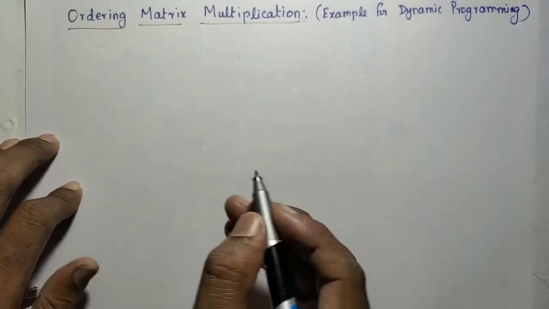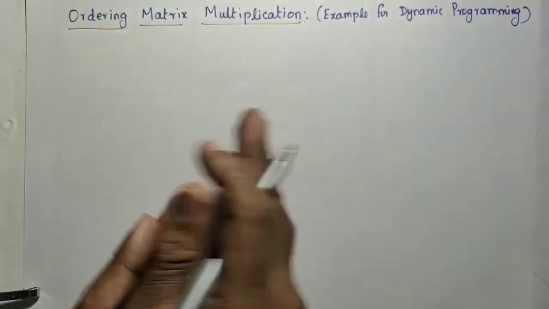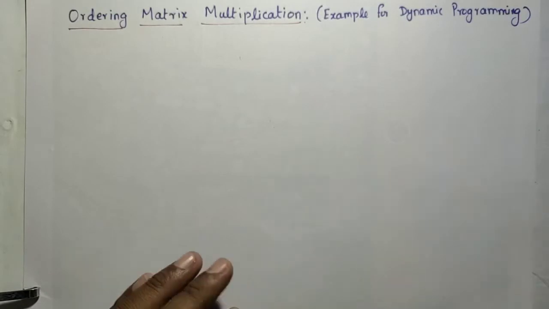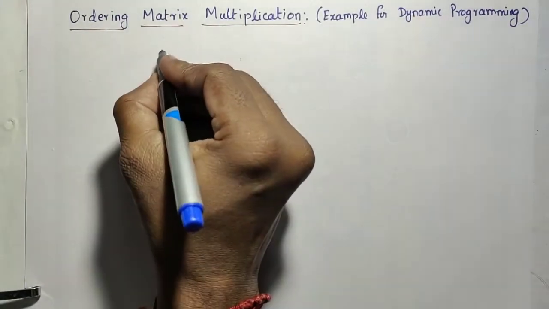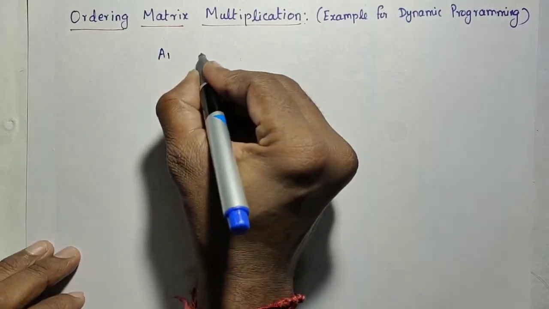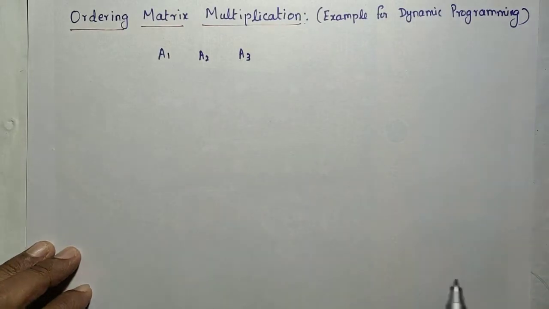Suppose you consider the problem of multiplying a sequence of matrices, or a chain of matrices. For example, A1, A2 and A3. Three matrices I want to multiply.